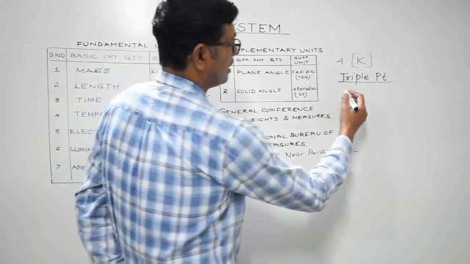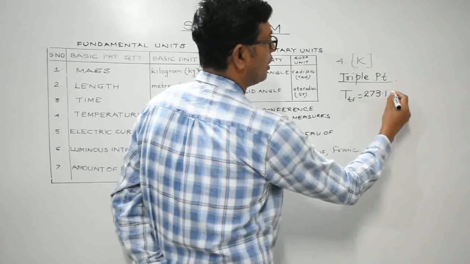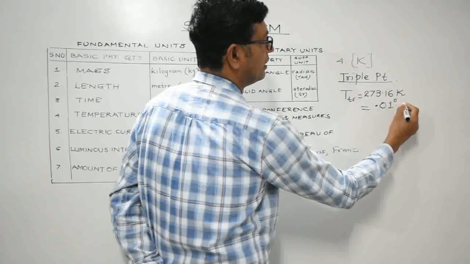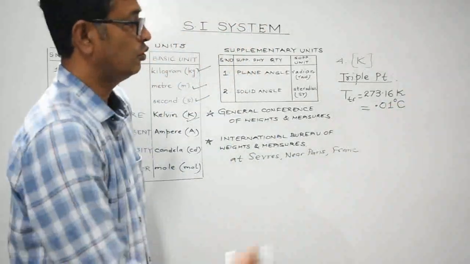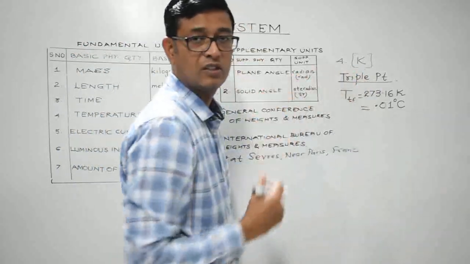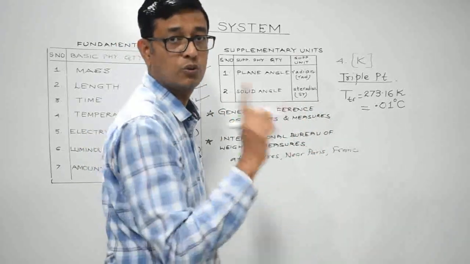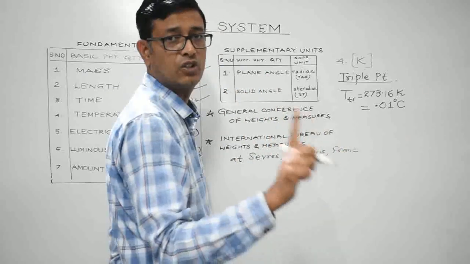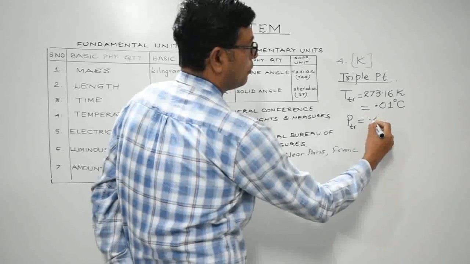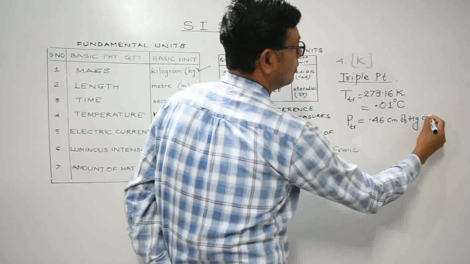And the thermodynamic temperature of the triple point of water is 273.16 Kelvin. It is equal to 0.01 degrees Celsius. So this is the temperature at which the water coexists in all the three states. Along with the temperature, there is a particular pressure which is also to be maintained, a unique pressure, and that value of pressure is 0.46 centimeter of mercury column.